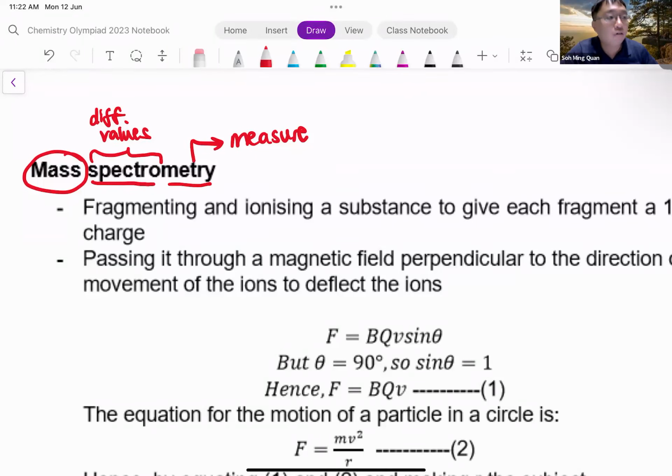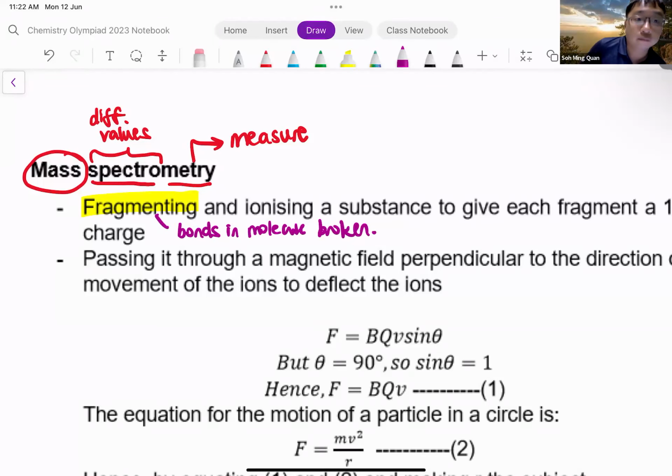So how do we achieve this? The idea is, number one, we give a substance, a molecule, energy. For example, we can give a carbon dioxide molecule energy. When you give it energy, the bonds can break. The covalent bonds in CO2 can break. That will fragment the molecule. Fragment means the bonds in the molecule are broken.